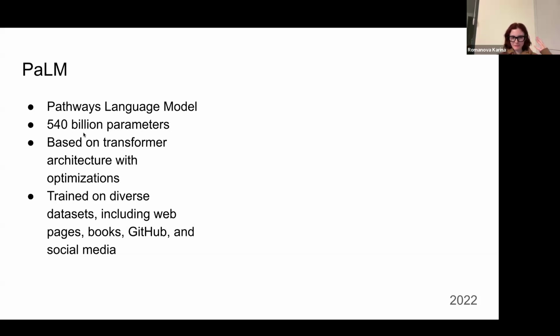It's quite big, and it leverages the Pathways system, allowing it to scale efficiently across thousands of TPU chips. TPU chips are similar to GPUs, but not GPUs. They are Google chips.